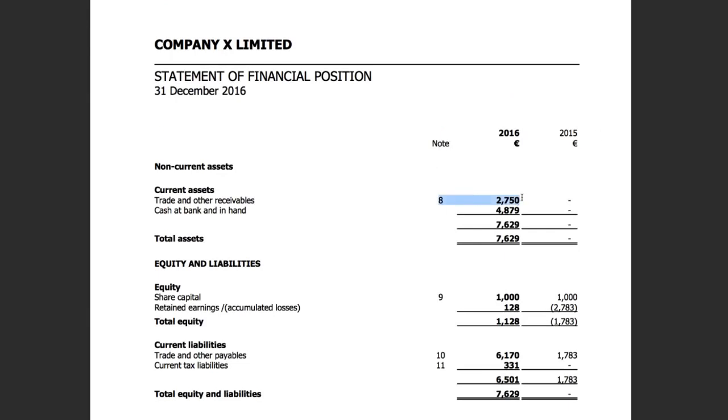Whenever there is a note, it means there is a breakdown of further details of how this amount was derived. If there is no note, it means that it is what it says here, cash at bank, 4,879 euros.